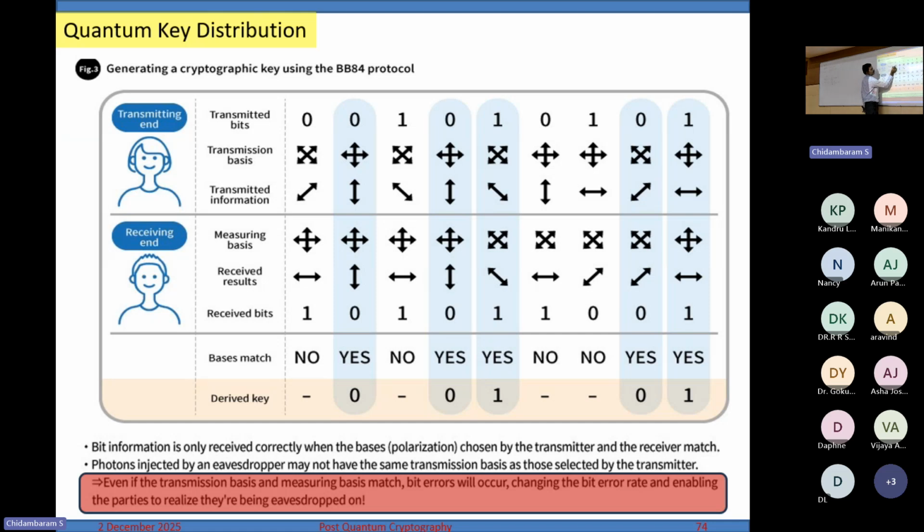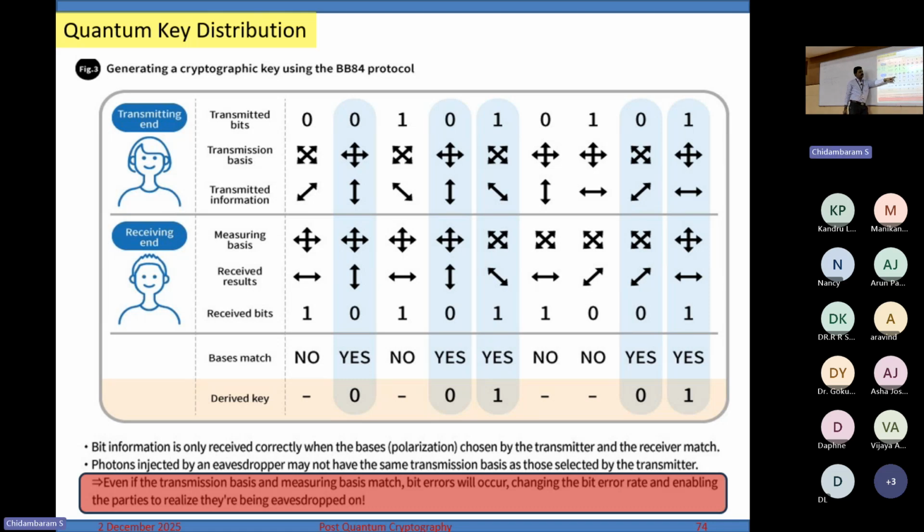One is called the diagonal basis. Another one is called the rectilinear basis. Now what happened? Alice wants to send 0. Alice has used the diagonal basis. In the diagonal basis, you have polarization angles of 45 degrees and 135 degrees. She has used 45 degrees and sent that polarized light or photon.